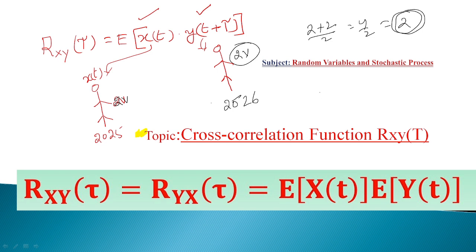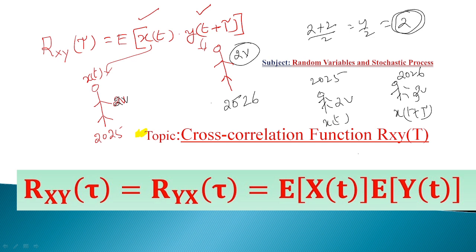If you go for autocorrelation, as I said, it is x of t and it is also having 2 volts here, and this is also x of t plus tau, the same signal only but the time is different. I am assuming it is in 2026 and this is in 2025. So again the average of the two signals: just assume this x of t plus tau is having 3 volts.